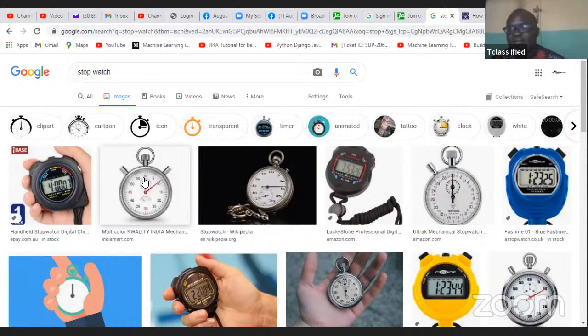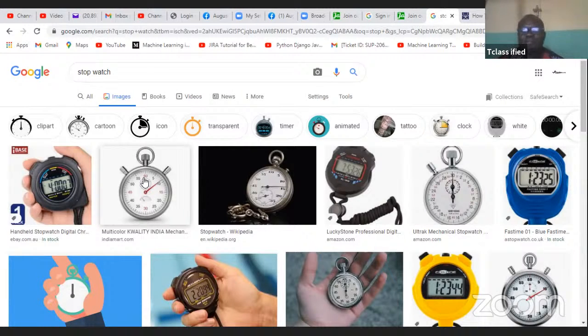So what is being shown on the screen? What kind of instrument is that? Stopwatch. Yes, this is a stopwatch, and you can use it to measure time. Good.